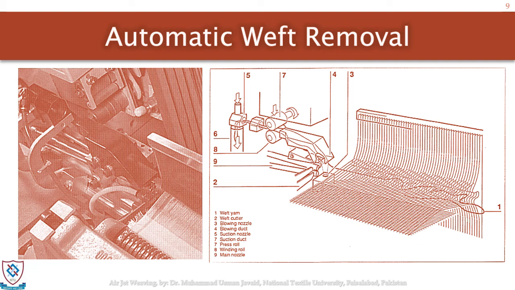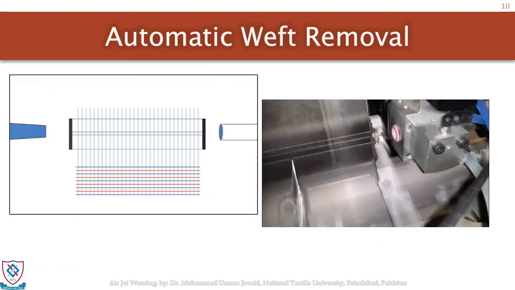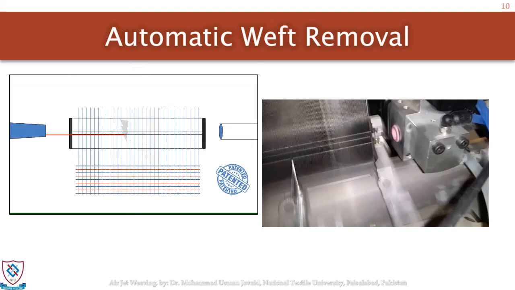And nowadays, if we talk about Picanol, there is a system available that works in a slightly different way. It removes the weft not on the picking side, but on the receiving side.